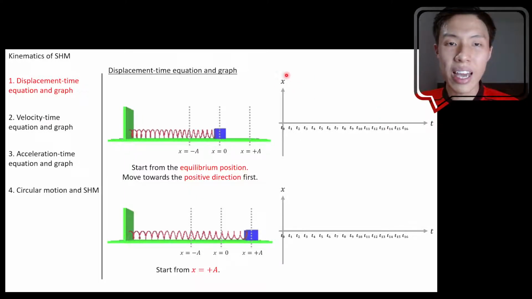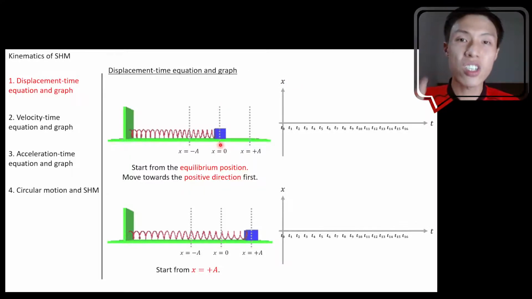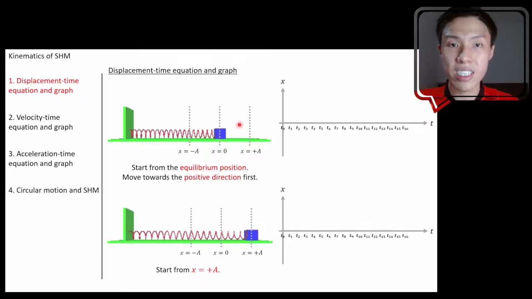The x, sometimes you can call it position, we can call it displacement as well, because we start at the equilibrium position. So the position and the displacement are the same thing here, because we set the equilibrium position as our initial position and our origin as well.